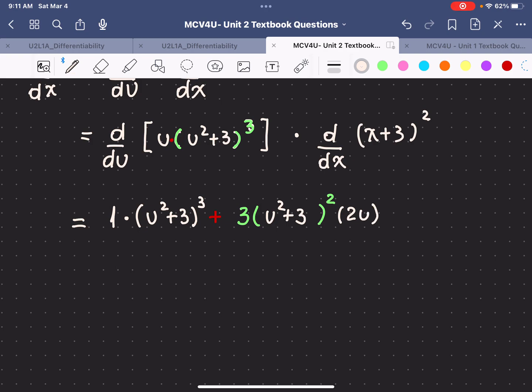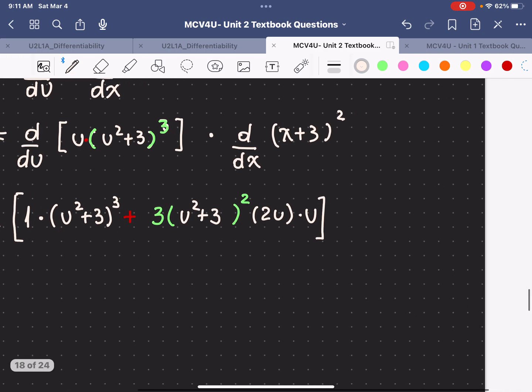Now, what we got in here was just the derivative of this factor. We still have to multiply by the other factor, which is u. And that will make the derivative of function y in terms of u. The derivative of u in terms of x will have, again, an outside function.